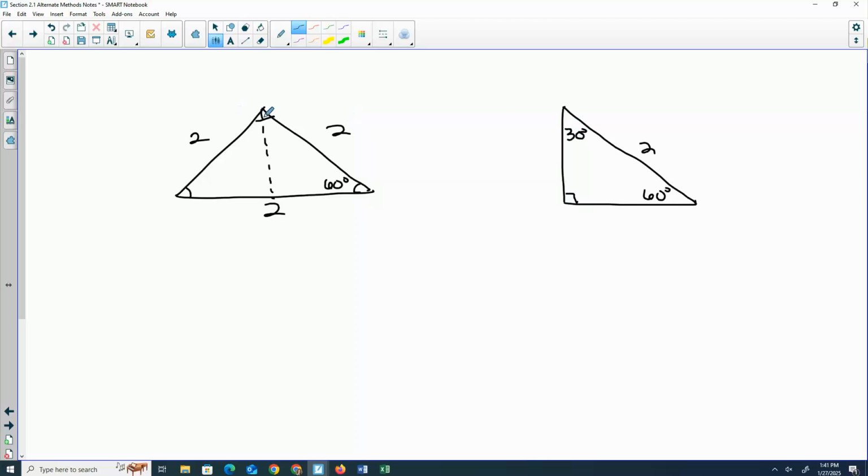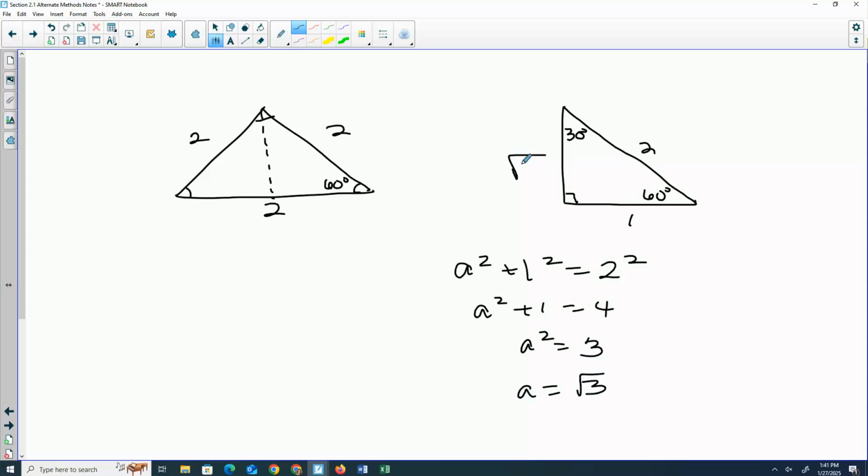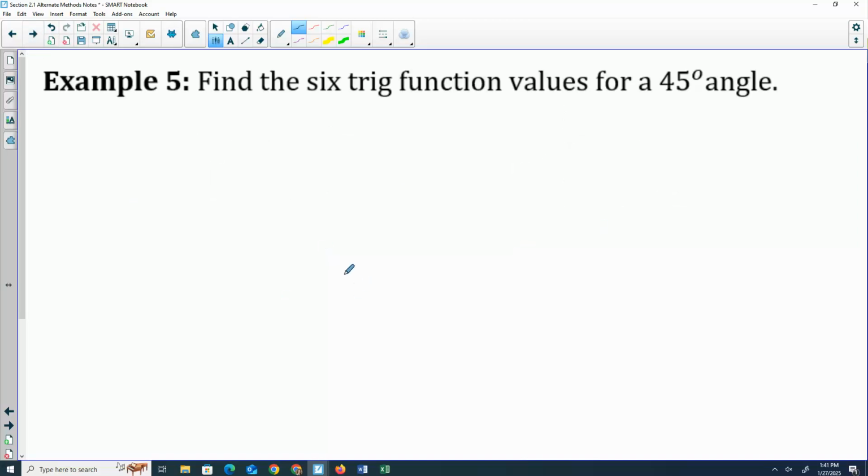So if that was half the angle, this has to be half the side. That whole thing was 2, so this part is 1. And then I did a squared plus 1 squared equals 2 squared. So that's where I came up with this triangle. I didn't just put random measurements on it. That's truly what it comes out to be.